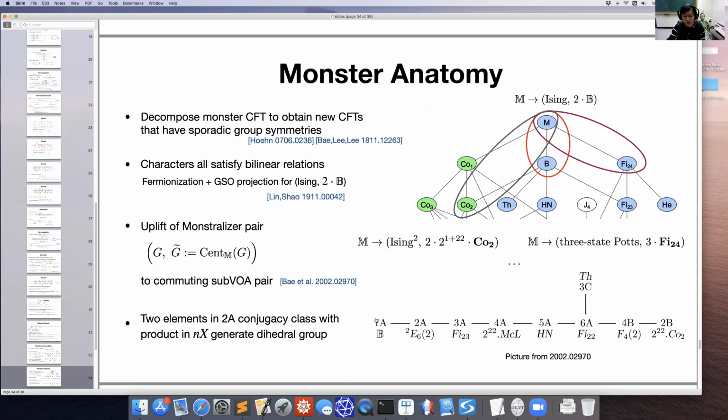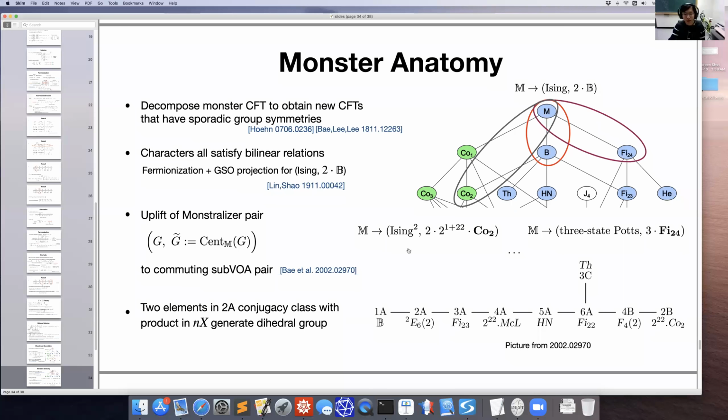And you see that the order coincides precisely with the class label of the affine E8 Dynkin diagram. And they further decorate this affine E8 Dynkin diagram with commuting subgroups, and they successfully found the coset VOAs for all those cases. This picture is taken from this paper.